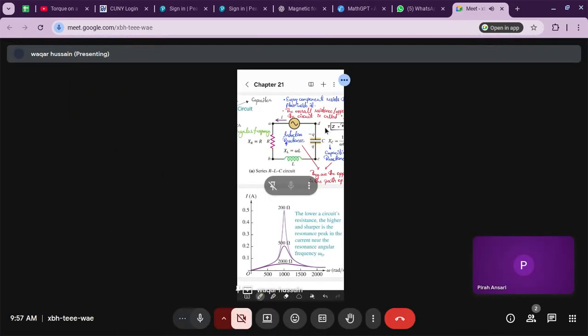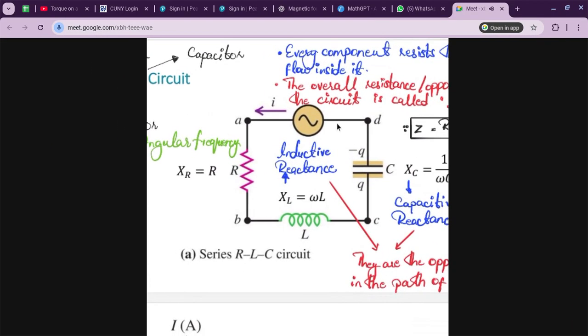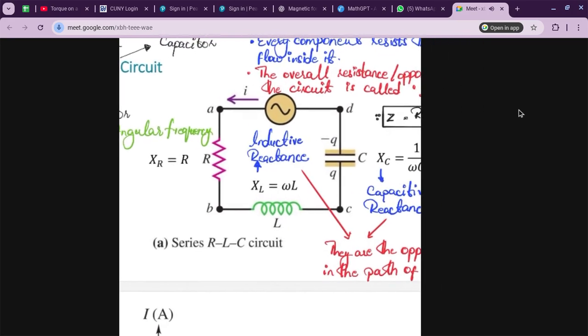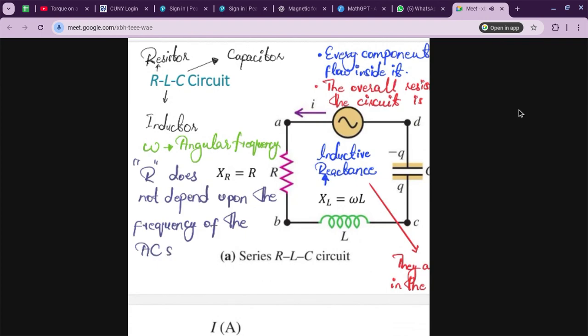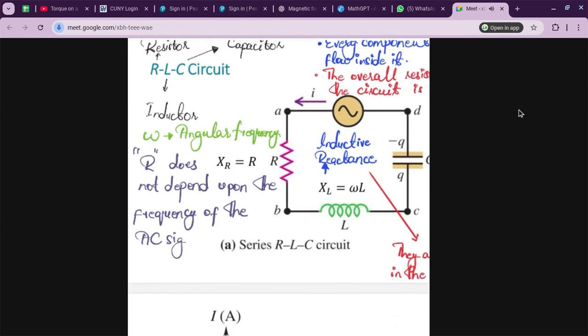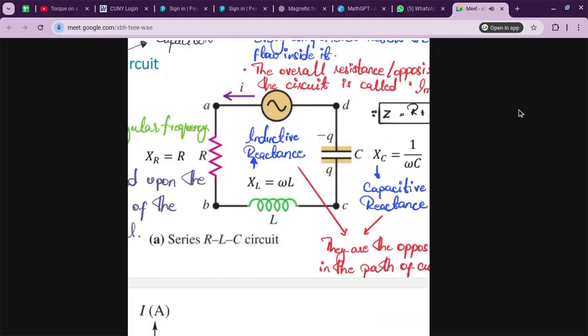Now, R does not depend upon the frequency of the circuit or the AC signal, because the AC source is fixed.